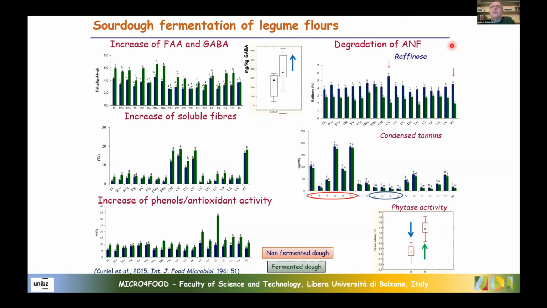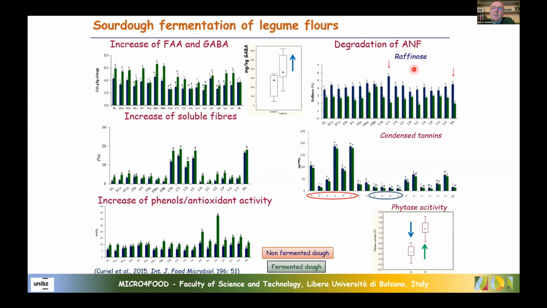Through the sourdough fermentation, you can get, for instance, a great decrease, by about 70% depending on the species of legumes, of the raffinose, which is one of the main carbohydrates giving some problems during our digestion.